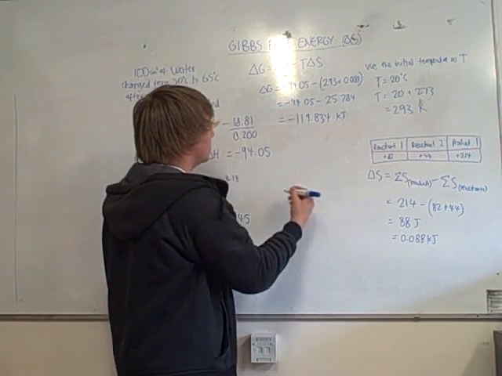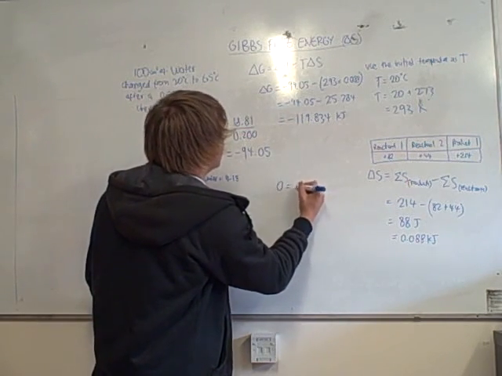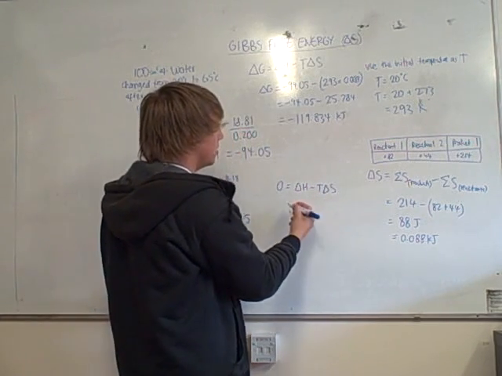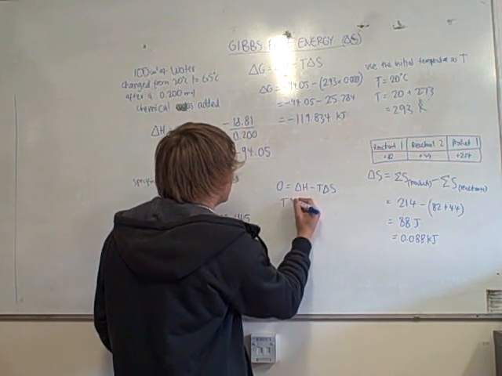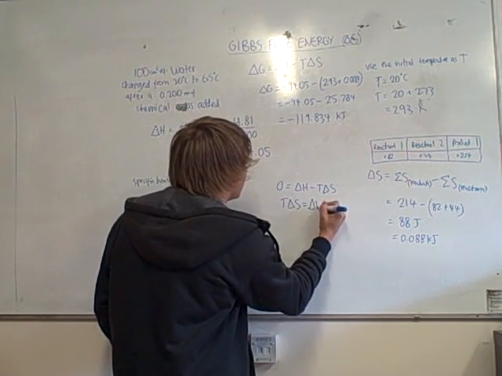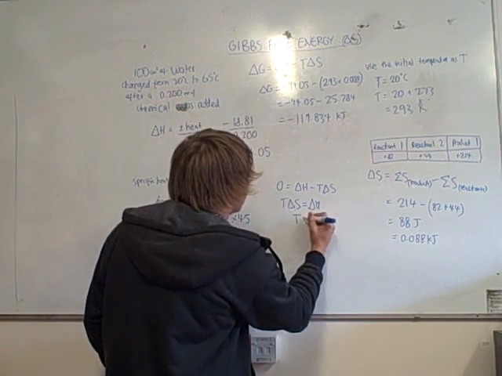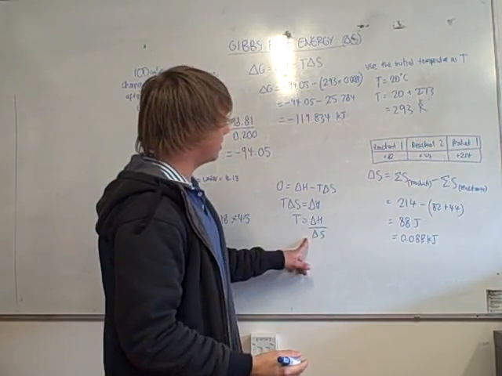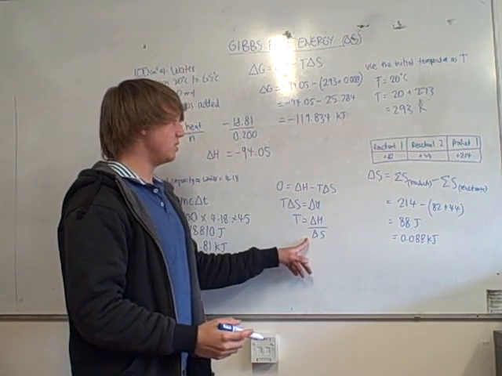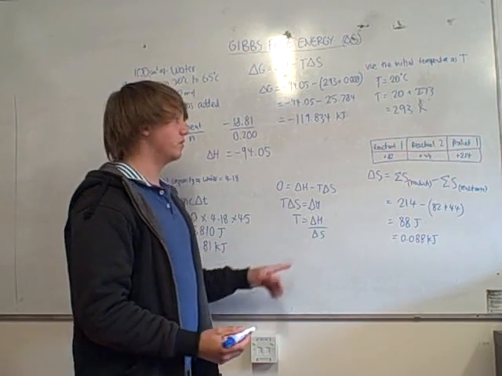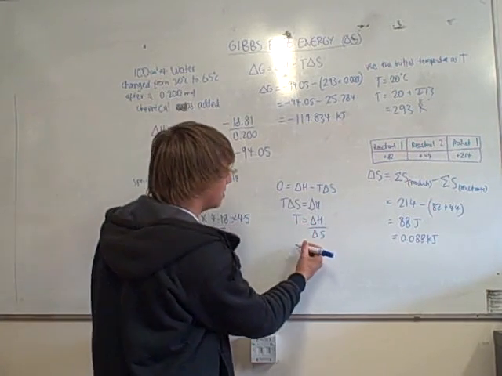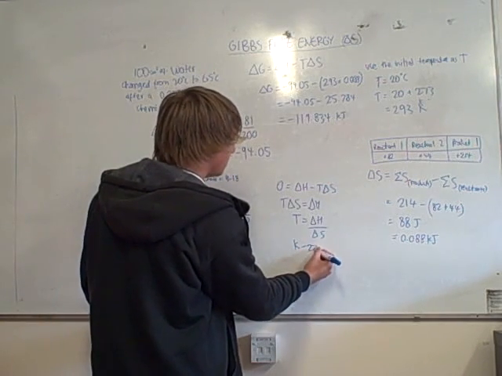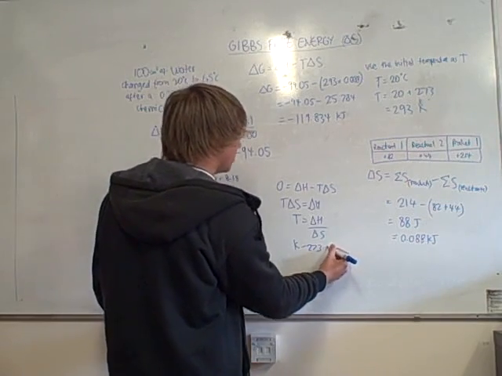As a quick example, if you had delta G as 0 in this equation, when you rearrange it, to make T, it is delta H over delta S. And then that equation you can use to find out what the minimum temperature would be for the reaction to happen, and that would be in Kelvin. If you wanted to change it into degrees, you just have to minus 273 again to get degrees C.